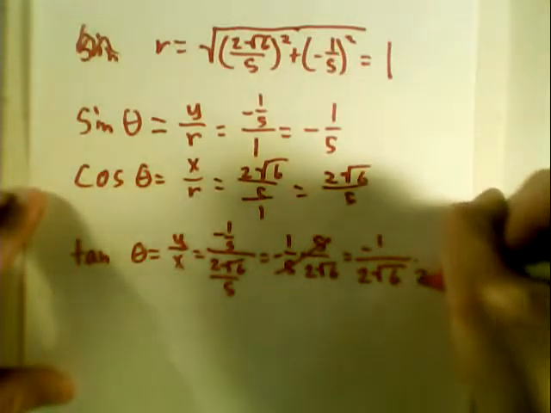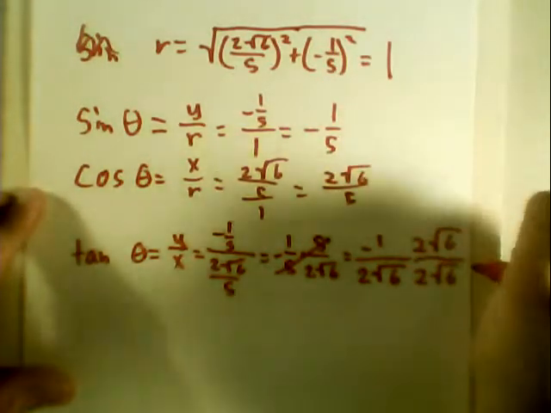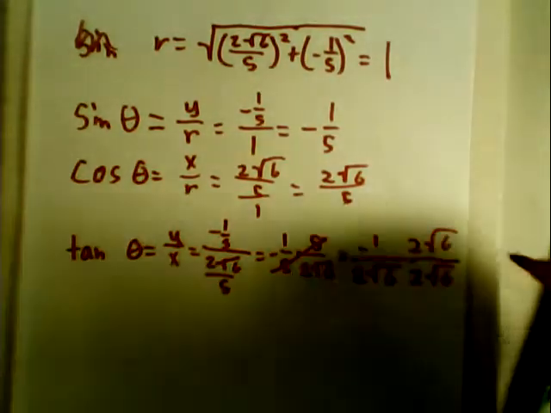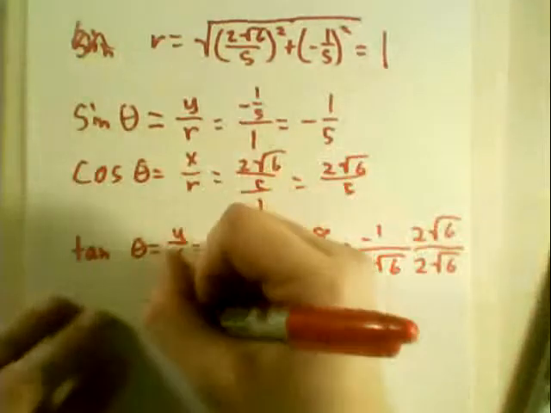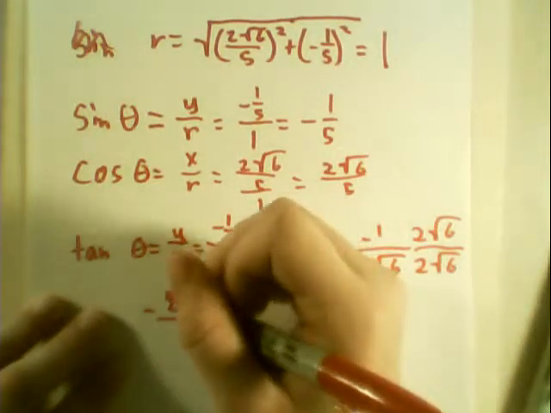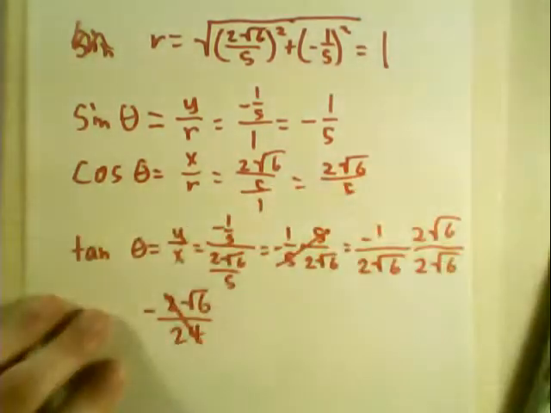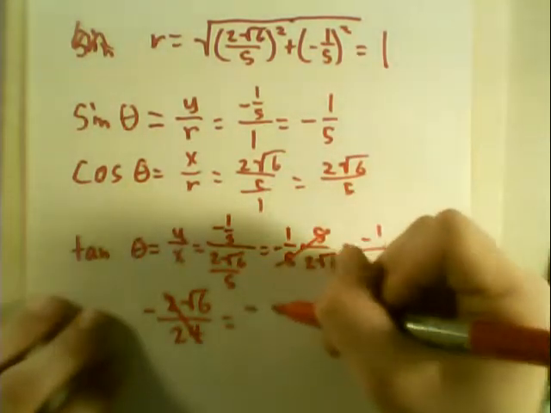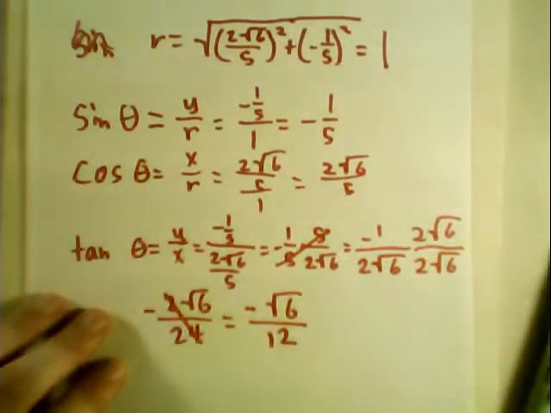Well, now we have to rationalize to get the radical square root out of the denominator. So you multiply by itself, and then here we get negative 2 square root 6 over 24. These can cancel, so we are left with negative square root 6 over 12. And that would be our answer for tangent.